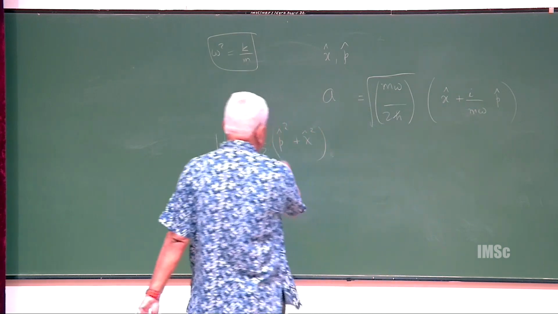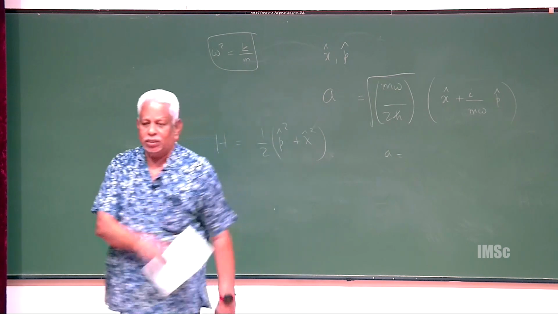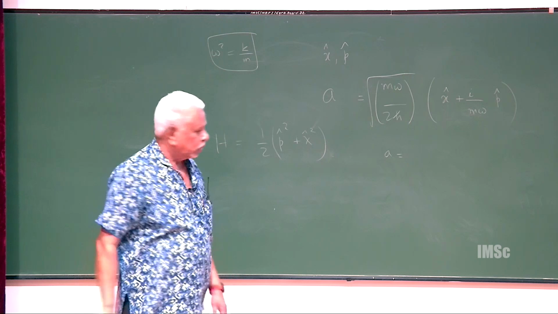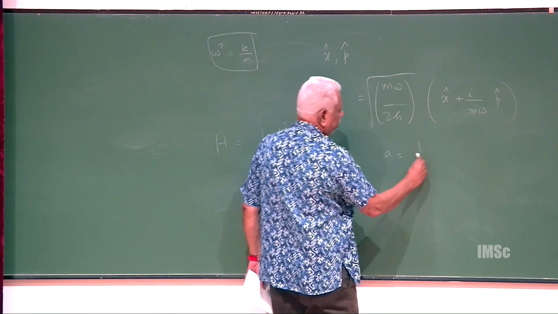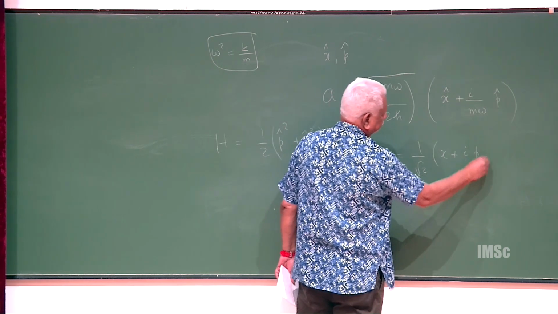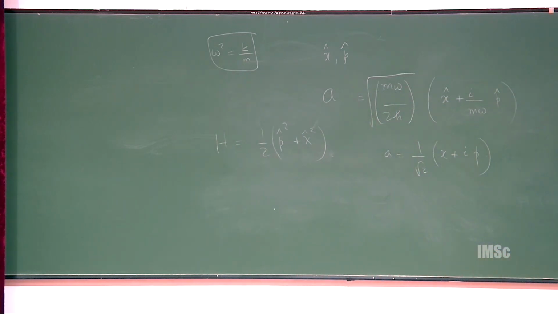Now, in this notation, if k is equal to 1 and m is equal to 1, omega will become 1. So this object which you have, A, is 1 by root 2 times x plus i times p. What I have done is p square plus x square, which you know from x square plus y square. If I define x plus iy as z, then x plus iy into x minus iy will be x square plus y square.